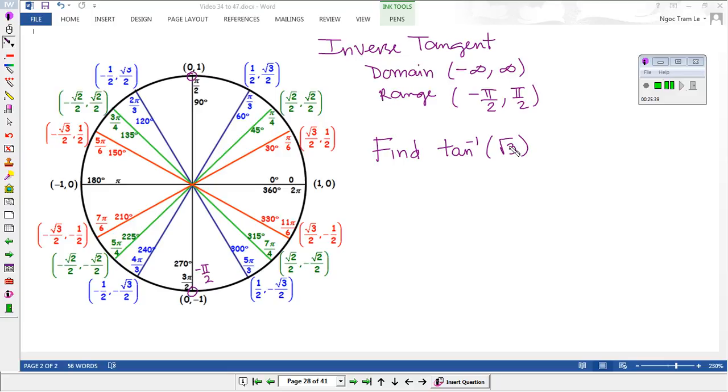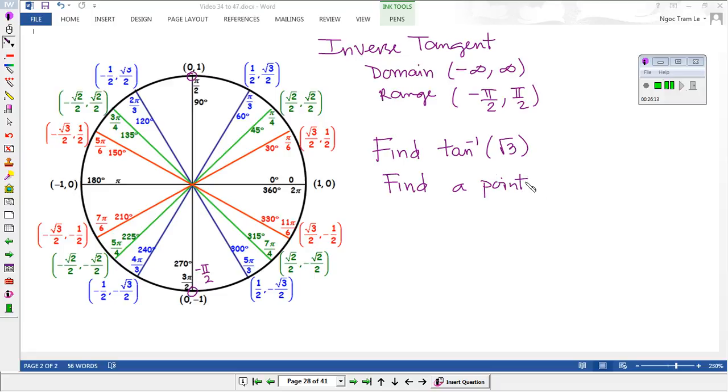Let me start with our input, square root of 3. The domain is all real numbers, which means it doesn't matter: our input can be whatever number, but our answer will be between negative pi over 2 and positive pi over 2, not including the two endpoints.